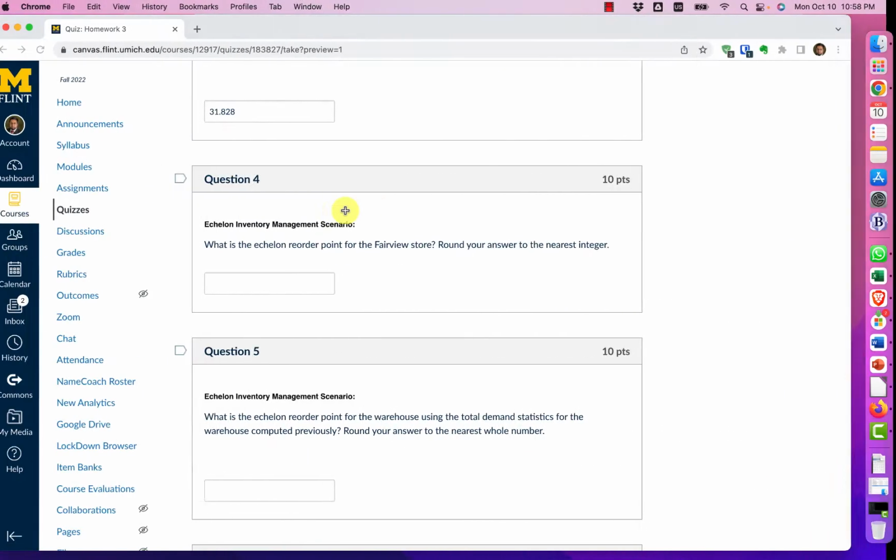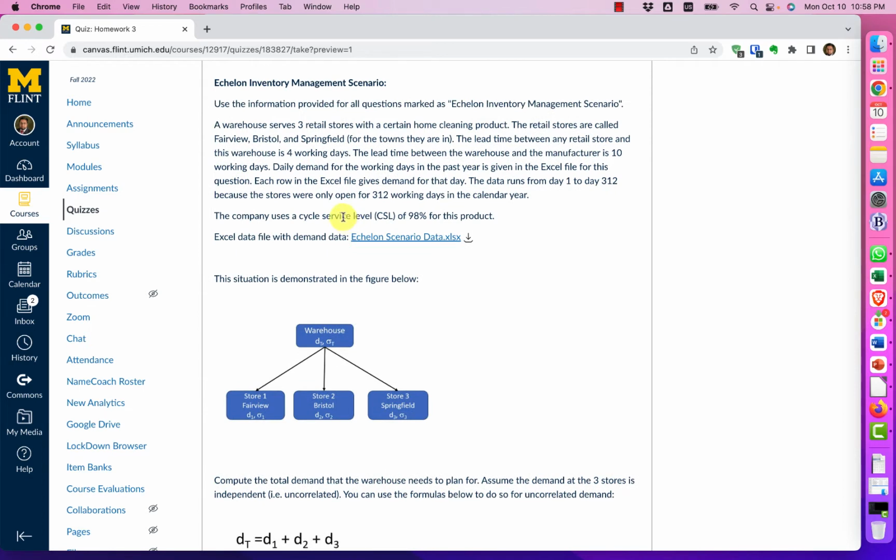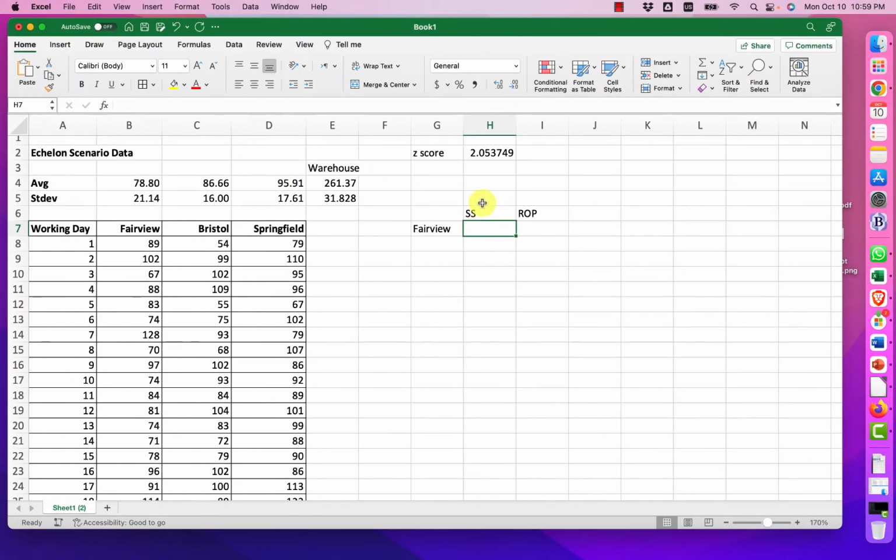Now in this question, there's no standard deviation of the lead time given. So we're going to assume the lead time is fixed, because if we don't provide standard deviation for a quantity, that means the quantity is not varying. And so our lead time is fixed, demand is variable.